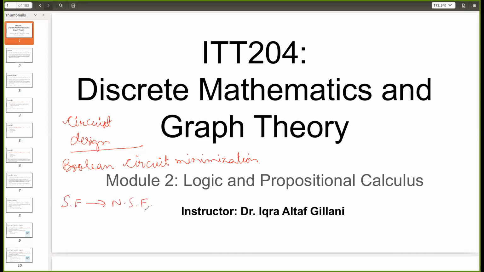The motivation is that this form has the least number of literals, because you want to reduce the total number of gates or the number of inputs you provide to the gates in a given circuit design. So your goal is to minimize the circuit as much as possible.